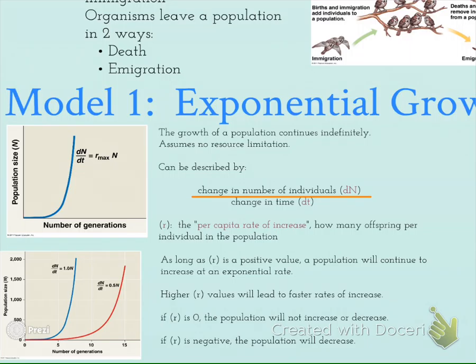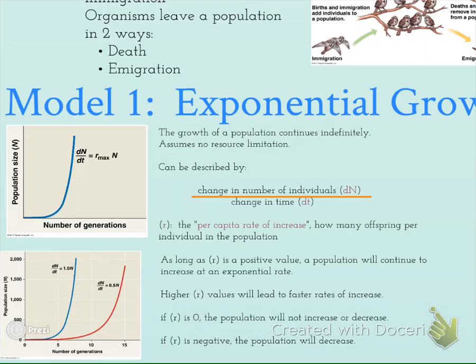Three or more. If they have 2, it's what's called replacement, because mom and dad are going to die eventually, and those 2 kids take their place. If mom and dad only have 1 kid, and everybody in the population only had 1 kid, what happens to population size over time? It goes down.